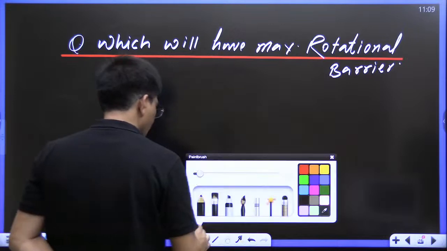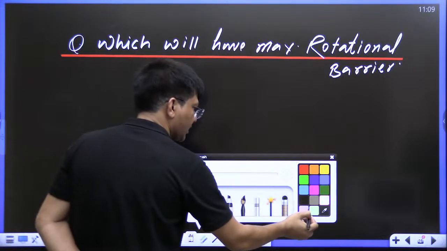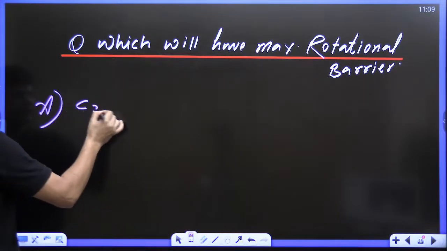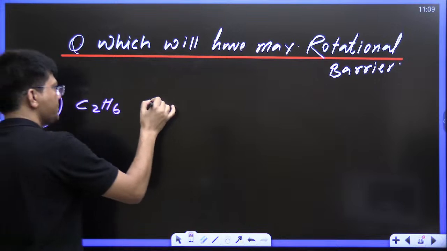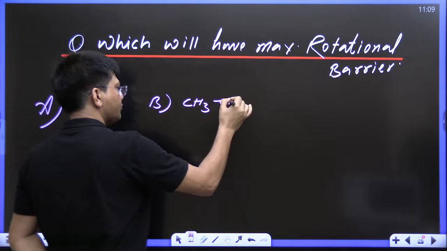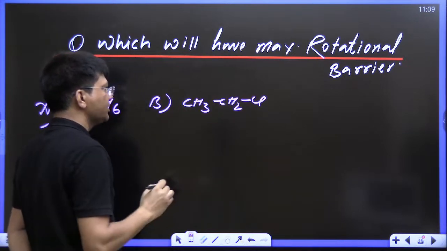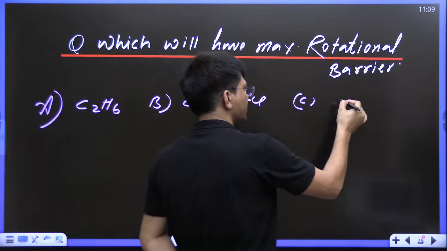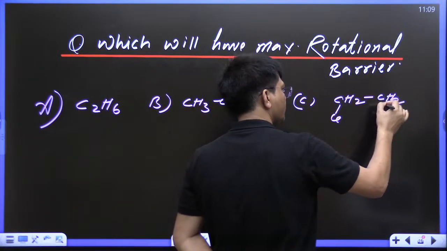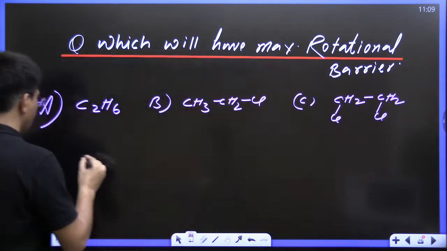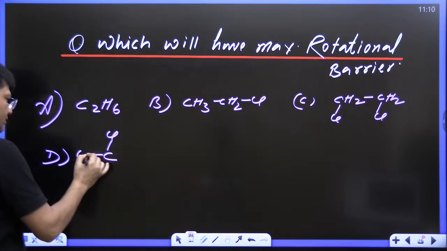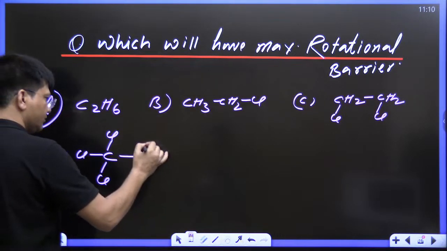I'm going to give you 4 options. Try to find the correct answer, it's your exam. A is C2H6, ethane. B is CH3CH2Cl, chloroethane. C is CH2Cl-CH2Cl, dichloroethane. And D is CCl3-CCl3.